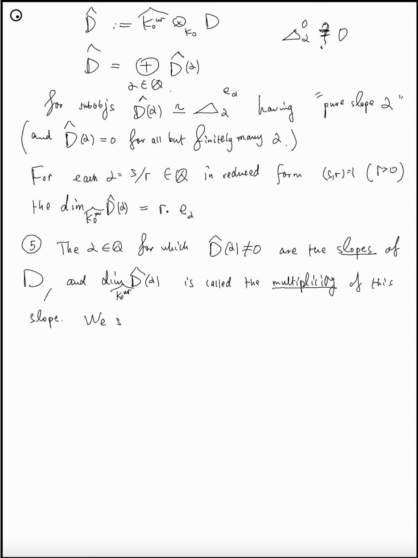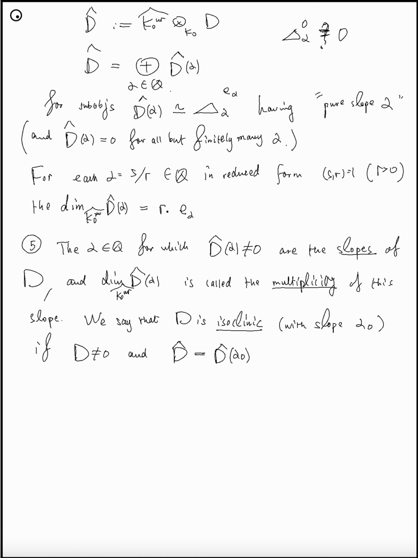We say that D is isoclinic with slope alpha_0 if D is non-zero and D hat equals D hat alpha_0 for some alpha_0 in Q.